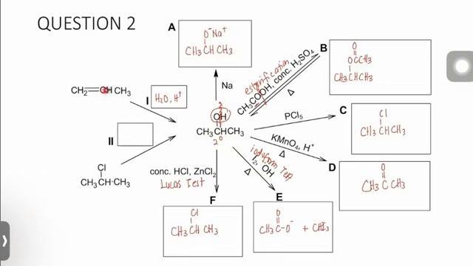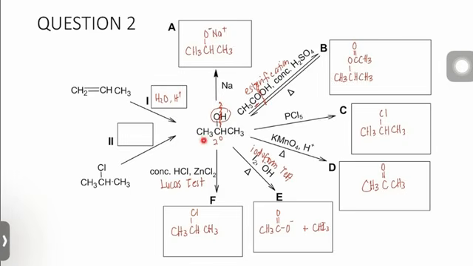Remember Markovnikov's rule says that in addition to unsymmetrical alkene, the more positive reagent will be added to the carbon of the carbon-carbon double bond that already has the greater number of hydrogen. So for this addition, the H and OH, the H will be added to this carbon, because this carbon already has 2 hydrogen, and OH will be added to this carbon, since it has less number of hydrogen. So from propene, it will form 2-propanol.